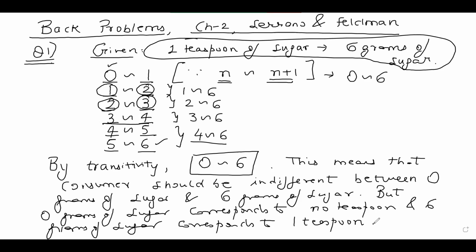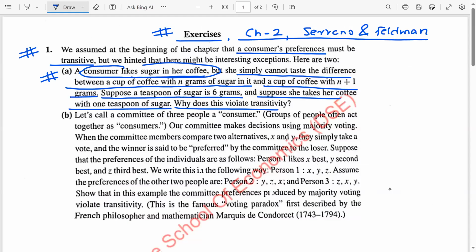And in the beginning of the question, we were given that the consumer likes more teaspoons of sugar. A consumer likes sugar in her coffee; she likes more teaspoons of sugar.